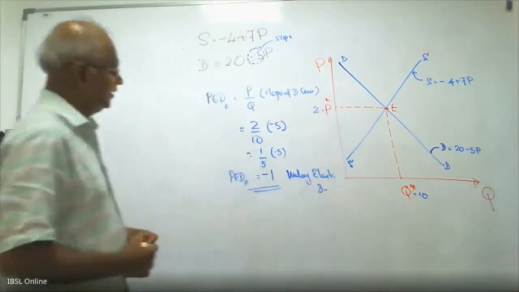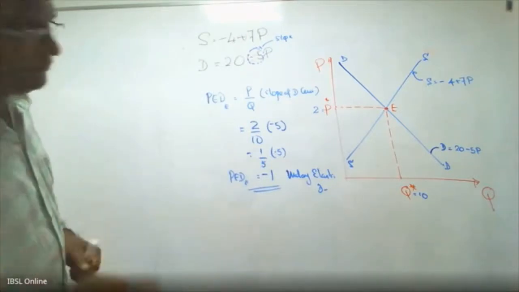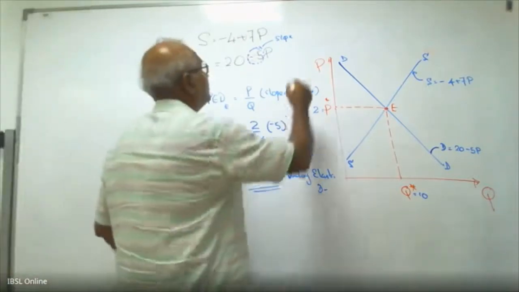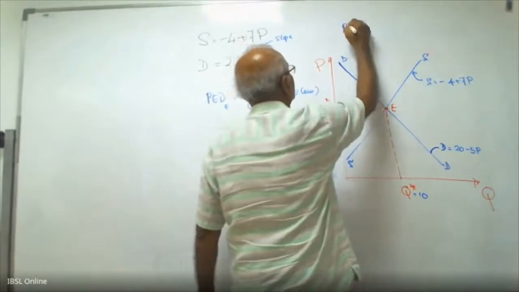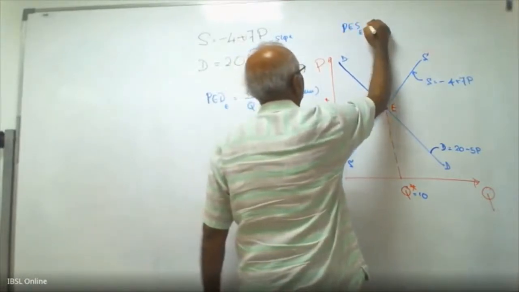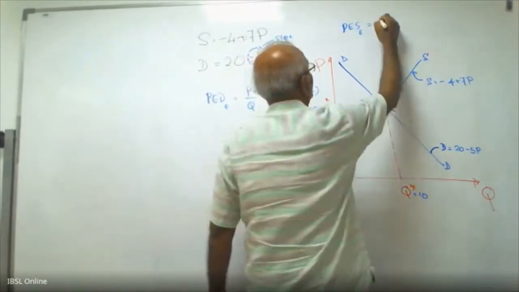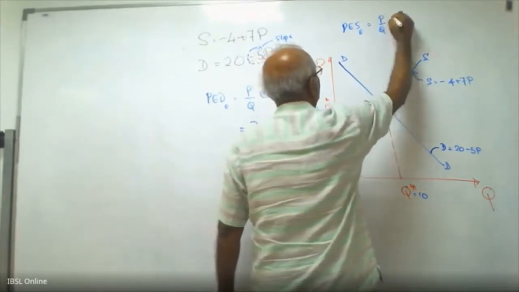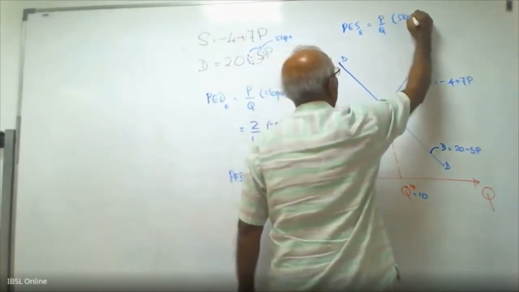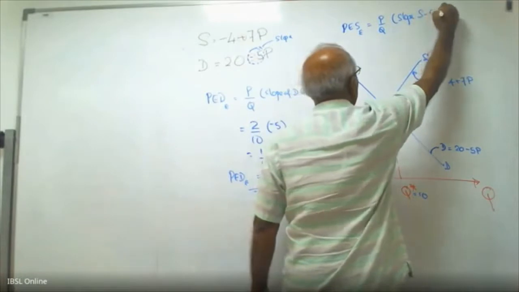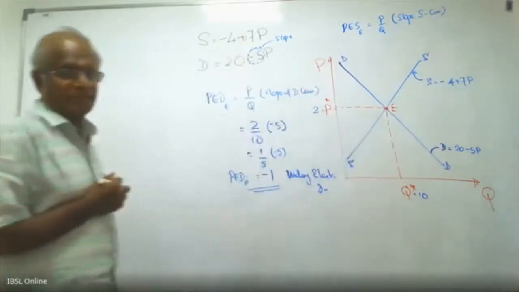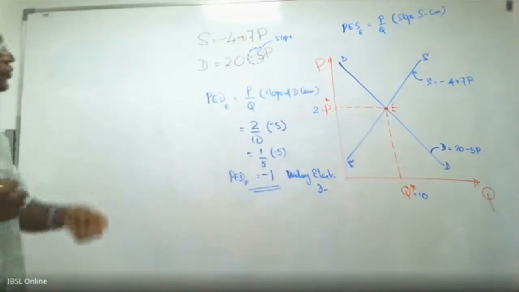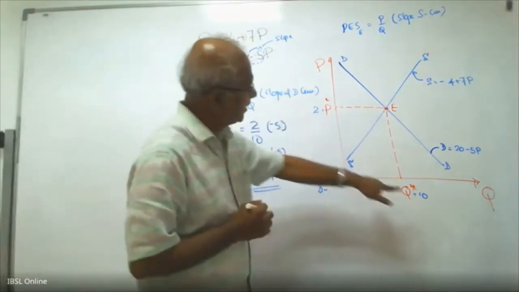Then price elasticity of supply, same formula, PES. Price elasticity of supply at point E is P over Q times the slope of the supply curve. P over Q is 2 divided by 10.